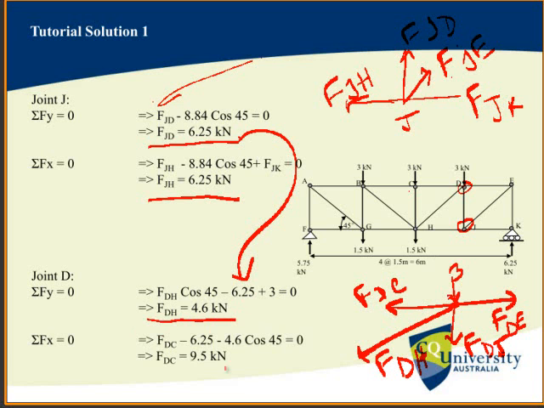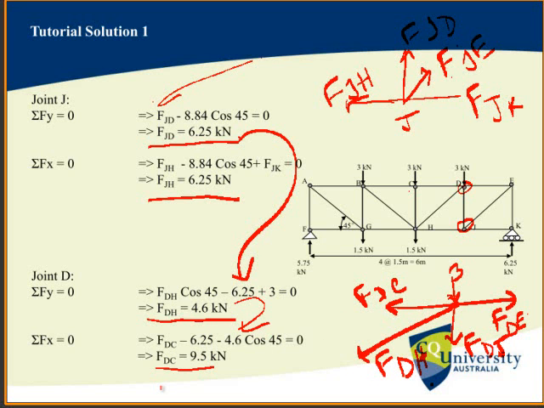Now we are applying the equilibrium equation for horizontal forces, where we have to consider FDC, FDE and FDH. From this equation we have to calculate FDC. We already have the value of FDH and FDE, so after putting this value we will get the value of FDC.